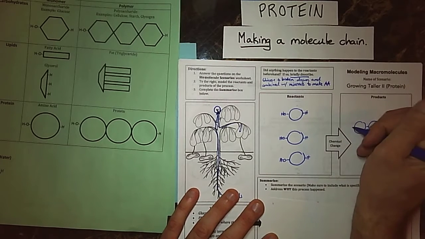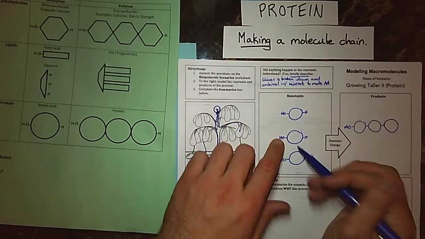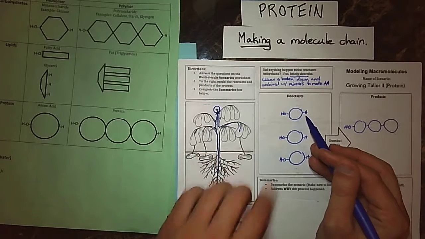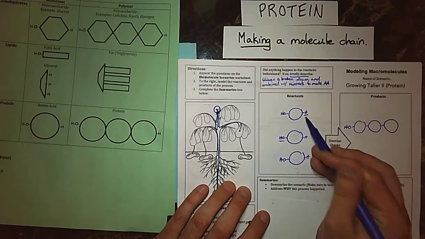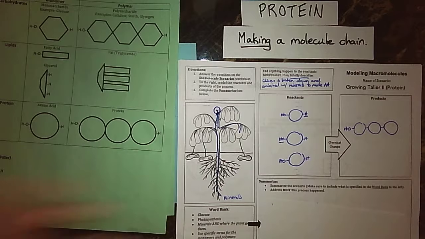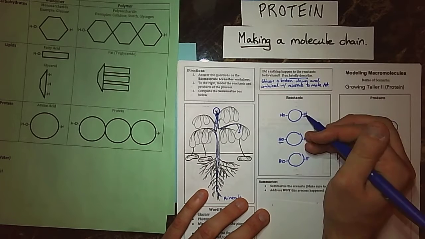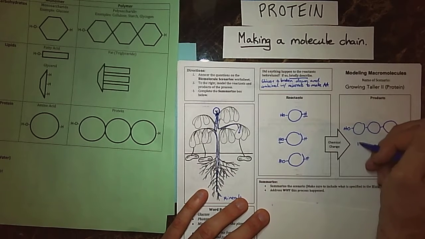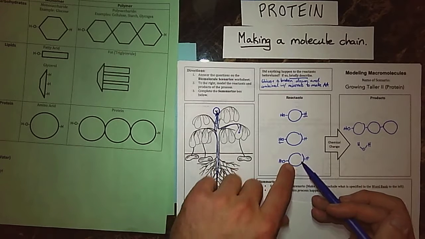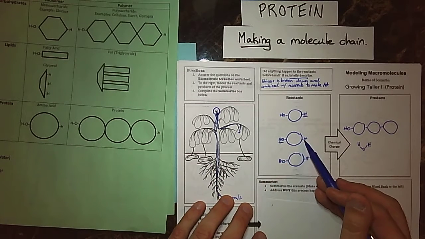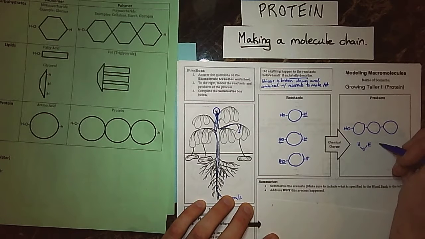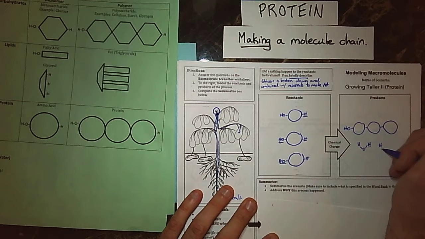And when this happened, there's an OH at the end of this one. But when this atom combined with this one, we know that these groups had to get cleaved off. So this H and O is going to make an H2O molecule right here, a water molecule. And then when this amino acid came and attached to this one, this one got cleaved off, and it made another water molecule.